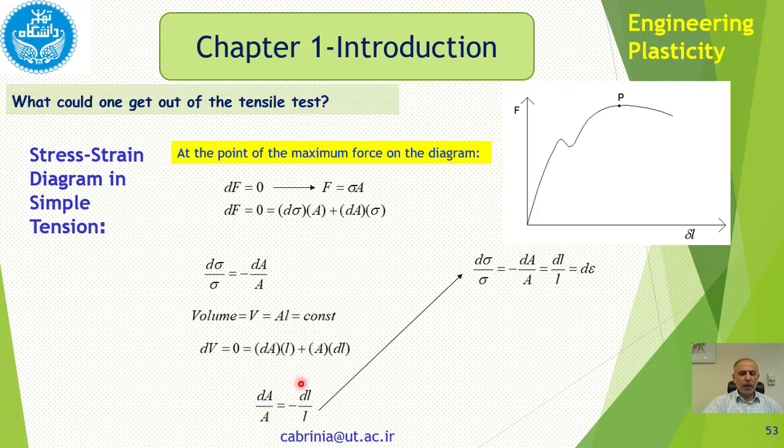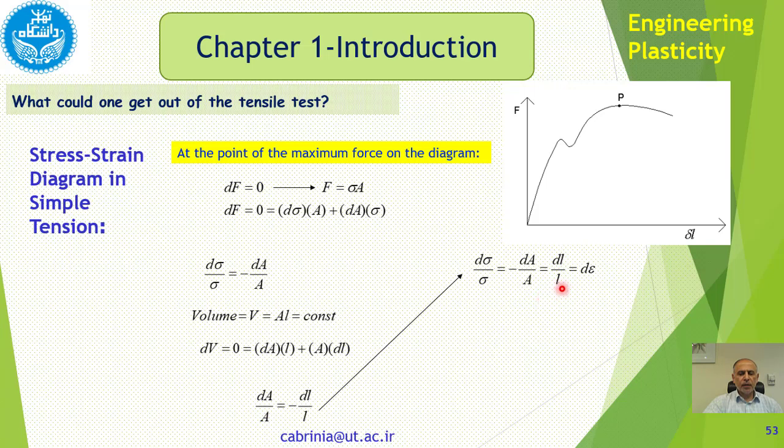And from here we get another relationship, dA over A equal to minus dL over L. And we had this relationship here and this relationship here. Therefore, from these two, we get d sigma over sigma minus dA over A, and minus dA over A is dL over L. Therefore, d sigma over sigma is dL over L. But dL over L, what is it?